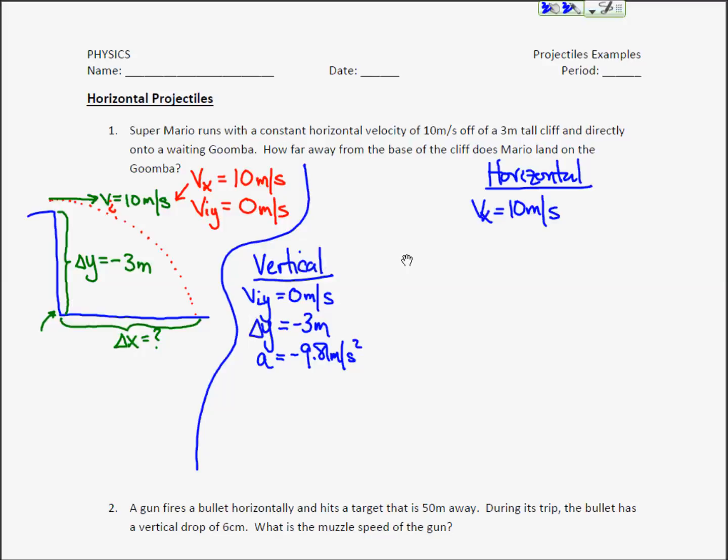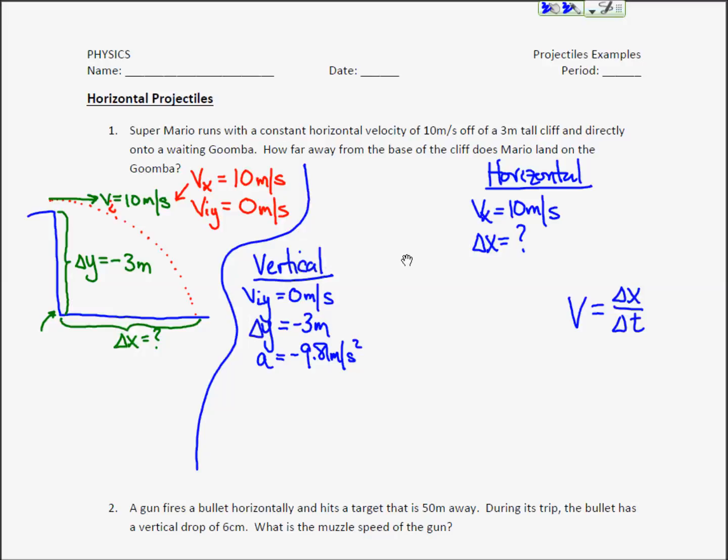For the vertical direction, things are accelerating, and we have 4 different kinematics equations that we can use for those. But in the horizontal direction, we only have one equation. It's the constant velocity equation: v is delta x over delta t. In this direction, the horizontal displacement, delta x, is what we're actually looking for.